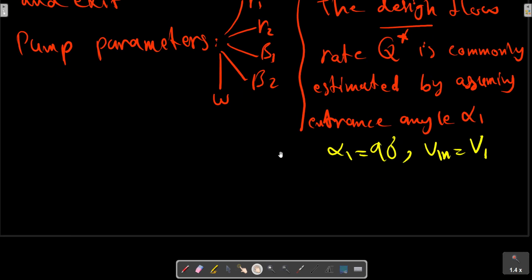We can expect this simple analysis to yield estimates within 25% for head, horsepower, and discharge at the design point. The next video is about the effect of blade angle on pump head.